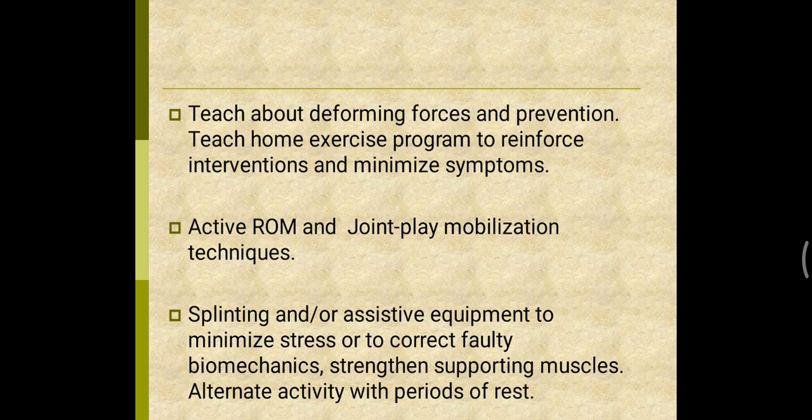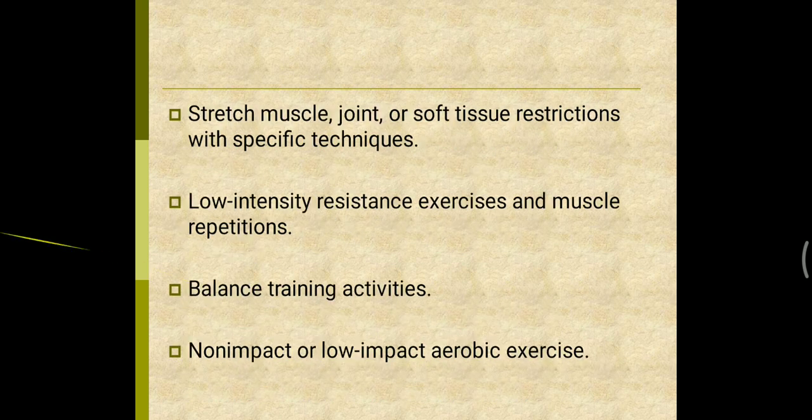Now, strengthen supporting muscles and alternate activity with periods of rest. Rest is also important. Then stretch muscles, joint or soft tissue restrictions with specific techniques. So we can give stretching and other techniques like hold and relax, contract and relax, and other PNF techniques can be performed.